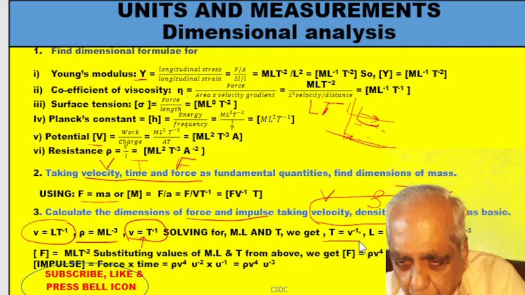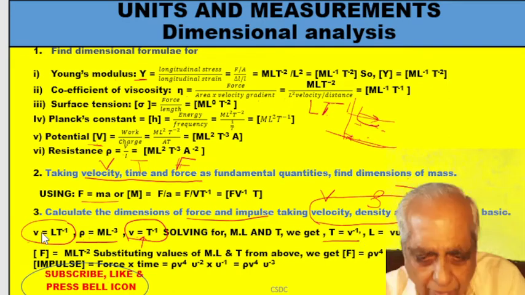Then I will find L, because L is V upon t. T raised to minus 1 will come, bring it here, so L would be V and t raised to minus 1 will become t raised to plus 1. So V is my fundamental and t I know, nu raised to minus 1, so I will get the value of L: V into nu raised to minus 1.